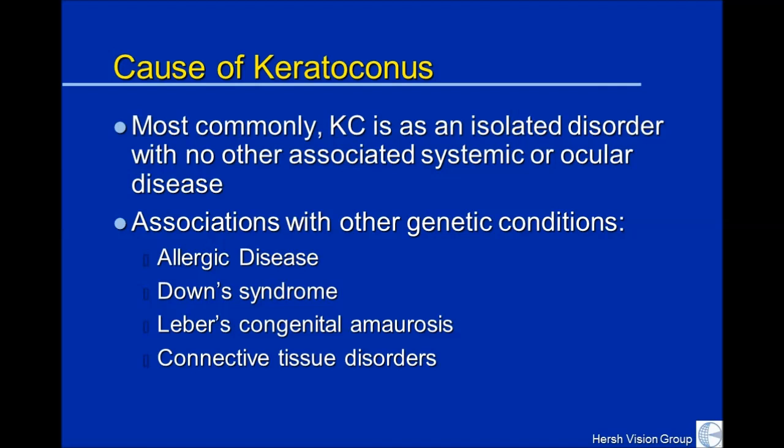And this is something that Dr. Chu is going to discuss in just a little bit. It's also associated with other genetic conditions, Down syndrome, what's called Leber's congenital amaurosis, a number of connective tissue disorders where a patient will have loose limbs and joints and tendons and ligaments.